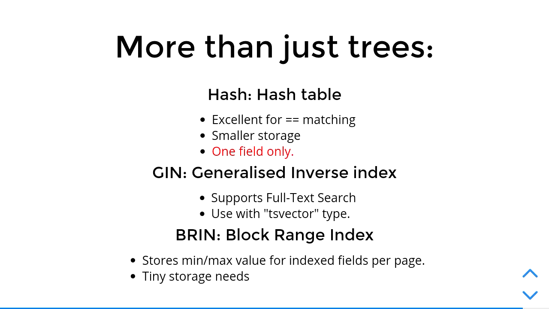Then there's block range index, the BRIN, which for every block of data in your table, every page, will actually, across that index, store the minimum and maximum value, and that's it. So that when you're searching and you want to find things within a range of values, you can trivially discard pages that you know don't have values within those ranges. They are absolutely tiny.